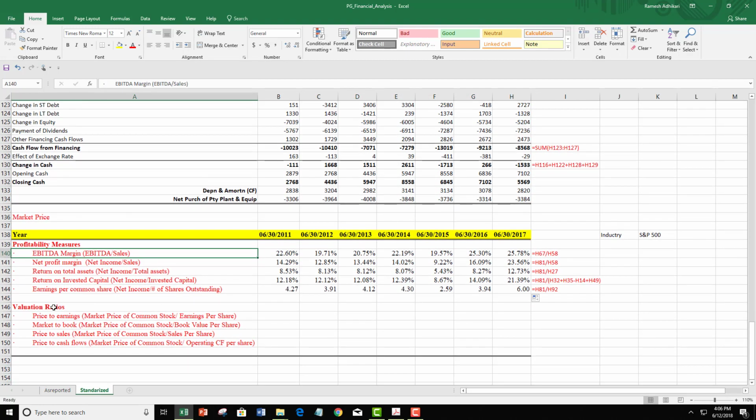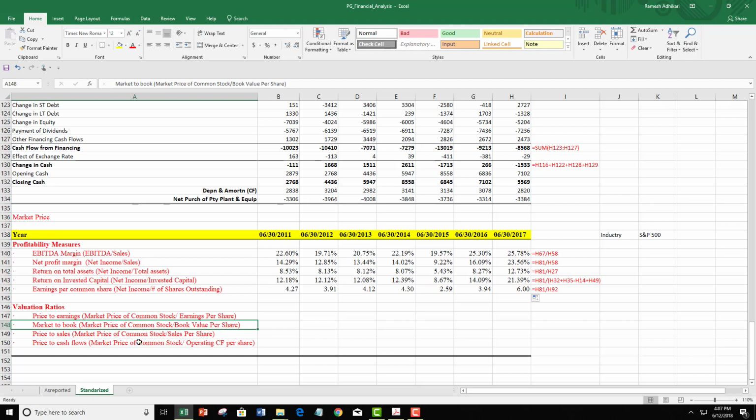Next I want to compute my valuation ratios. All these valuation ratios are based on price and some company fundamentals. So I need to get the price of the company that I am looking at, in this case Procter & Gamble.